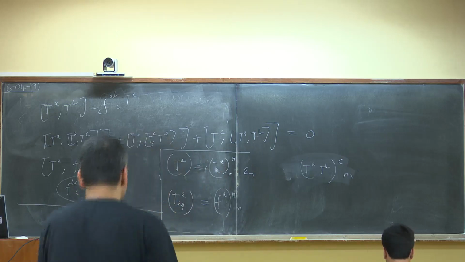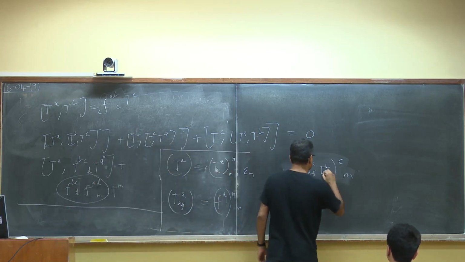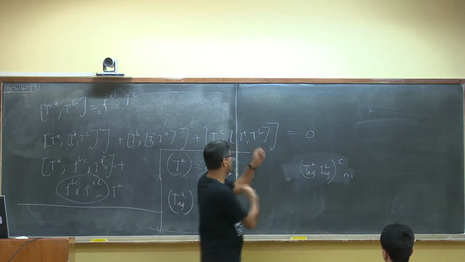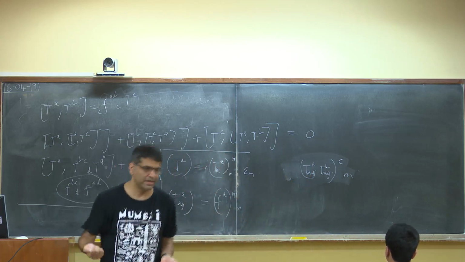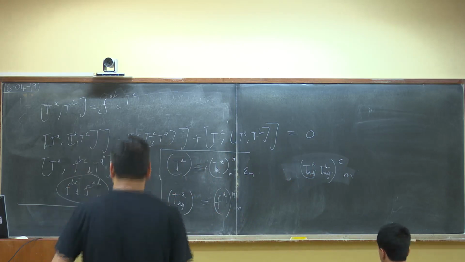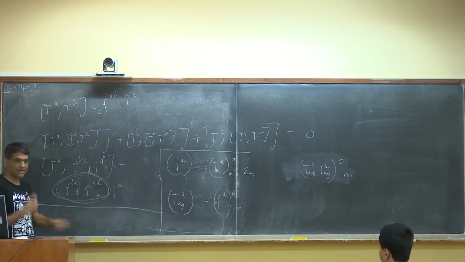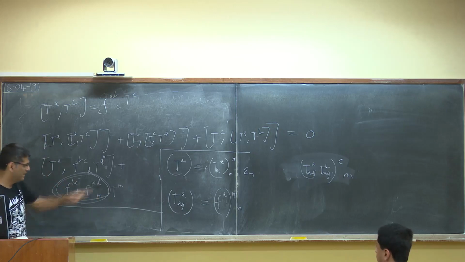For the adjoint representation, if you take this and completely cyclically symmetrize under A, B, and C, we get 0. That's one way of viewing this relationship here. The fact that these two completely symmetrized give 0 is that statement.